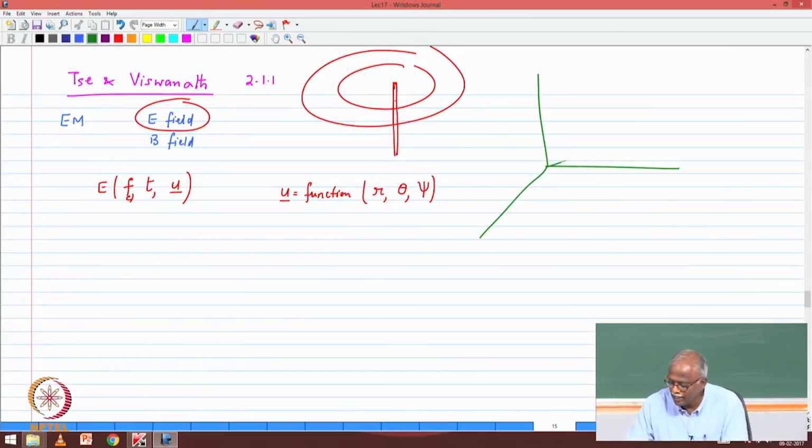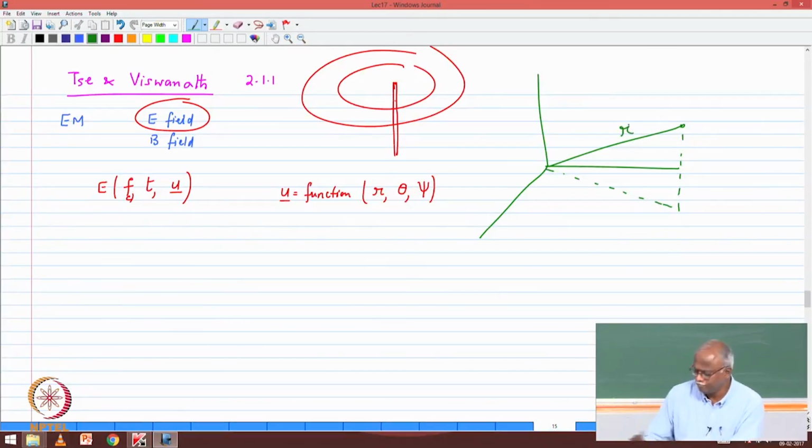If I were to look at a point in three-dimensional space, this is the displacement r. The angle with respect to the azimuth is theta. The angle with respect to the horizontal is the elevation angle, that is phi. Using this, you can pin down the position.